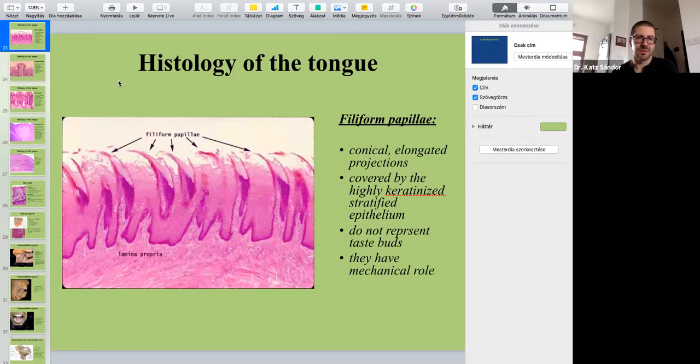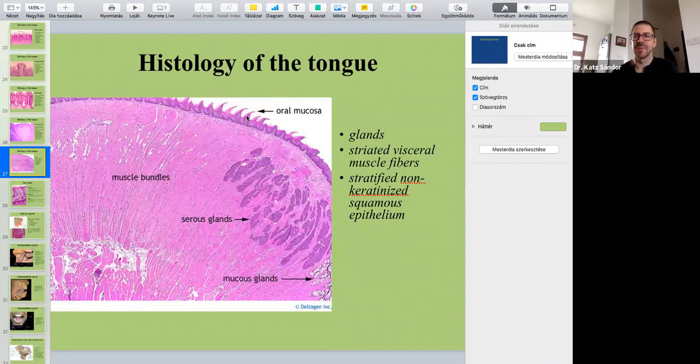The surface of the tongue is lined by stratified non-keratinized squamous epithelium. It's not unusual because you mentioned it many times. In the oral cavity, part of the esophagus and upper part of the pharynx, it is lined by stratified non-keratinized epithelium. In the tongue, we can find numerous striated muscle fibers.